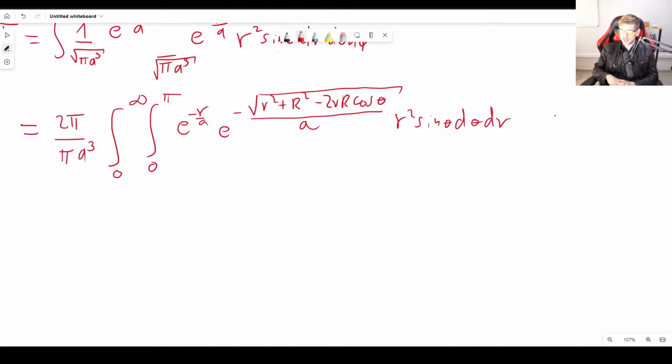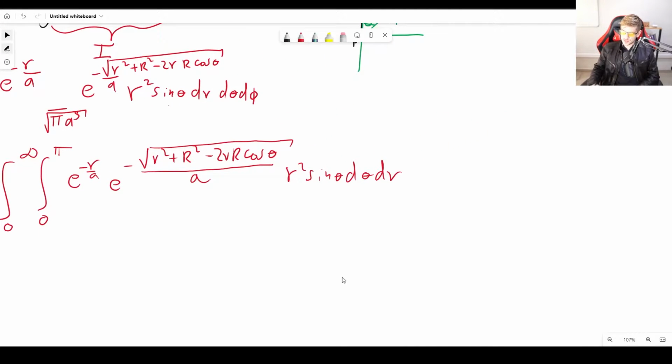Okay, so how do we integrate this? Well, notice that in the exponent, we have a function of theta that is inside a square root, and outside, right here, just floating around, we have a sine, which is the derivative of cosine. So for that reason, it might be useful to use a substitution in the exponent to get rid of that annoying square root.